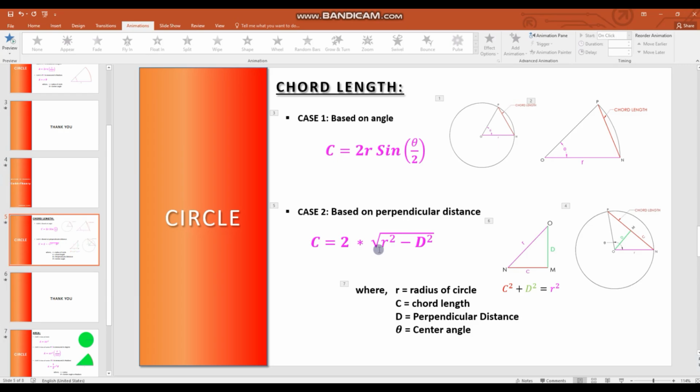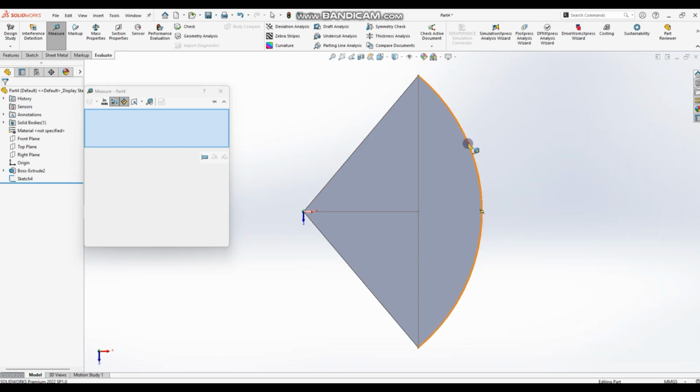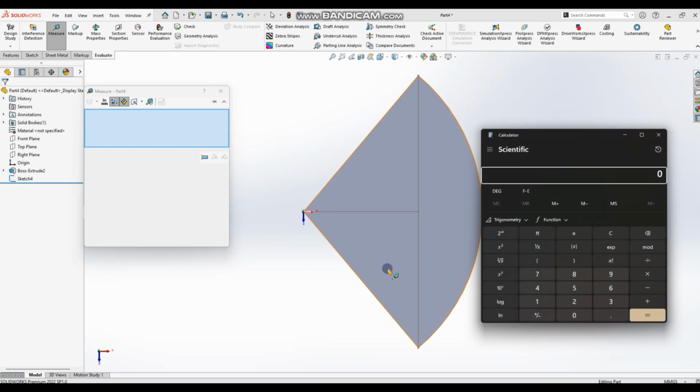The equation is 2 into square root of r square minus d square. Here r is the radius, d is the perpendicular distance. The radius is 40.